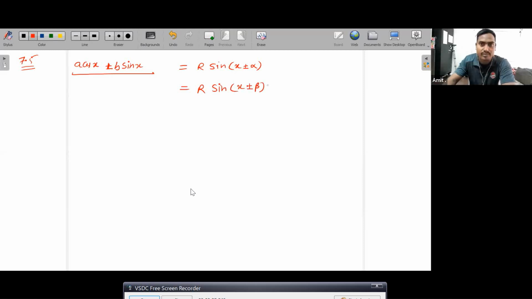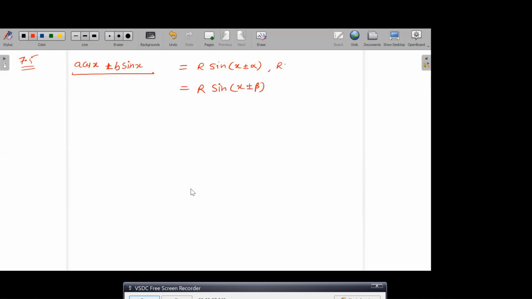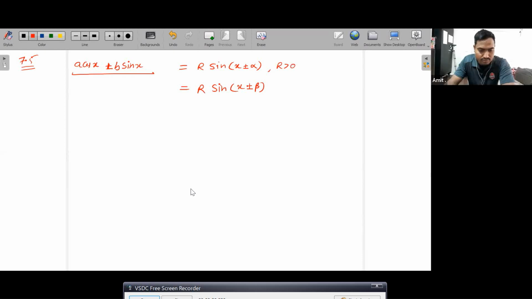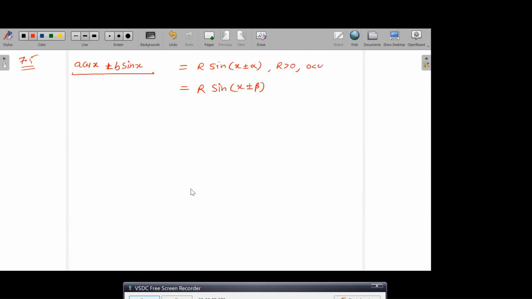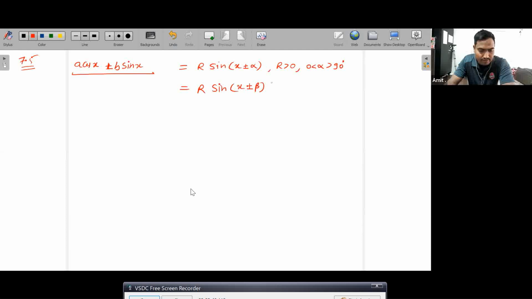Now here r is greater than 0 and alpha is somewhere between 0 to 90 degrees. And here they have written beta, so r greater than 0, and beta is also between 0 and 90 degrees.